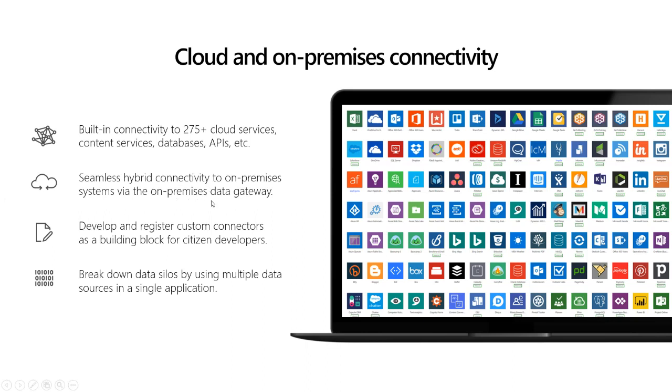This is the only engine that can talk to your on-prem data source with the cloud under the Azure services. And if the standard connector is not there for you, you can use Visual Studio to develop your own custom connector and add it into Power Apps in order to connect to your data source.